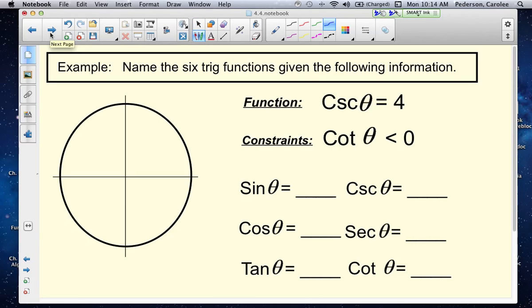So what's the fraction for cosecant? Reciprocal of the sine. Sine is y over r, so this must be r over y.